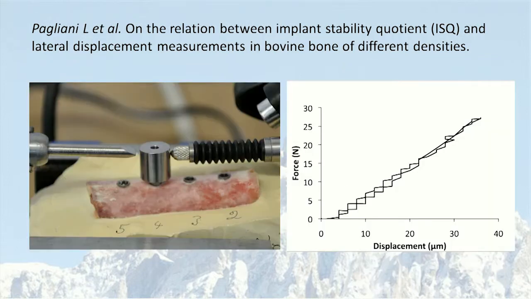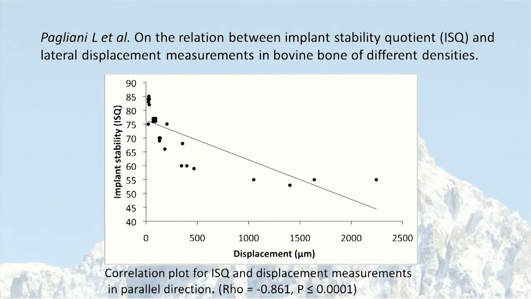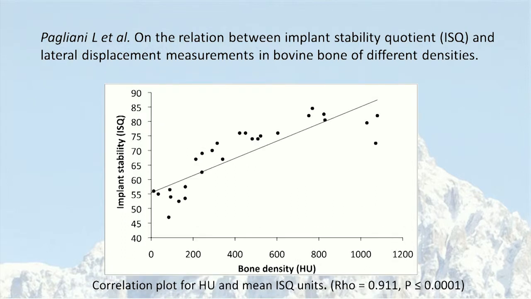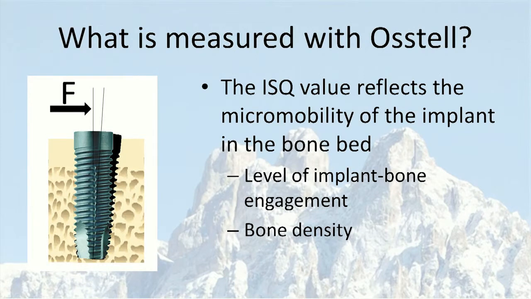So we actually pushed the implant with 25 newtons for 2 seconds, and then we could measure how much the implant was displaced in the bone, and then we correlated this with the ISQ technique. And we see that it's a very nice correlation between displacement and measurement with ISQ. So we can say that the ISQ technique is actually reflecting the micromobility of the implant in the bone bed.